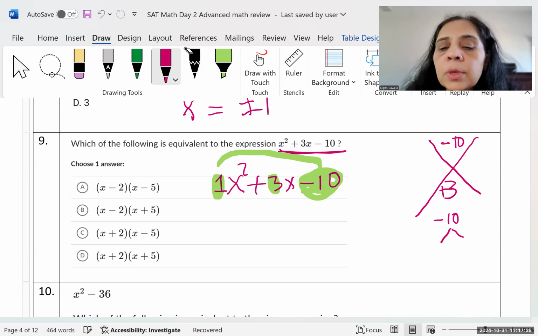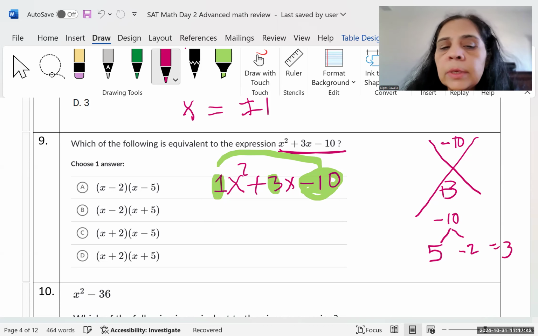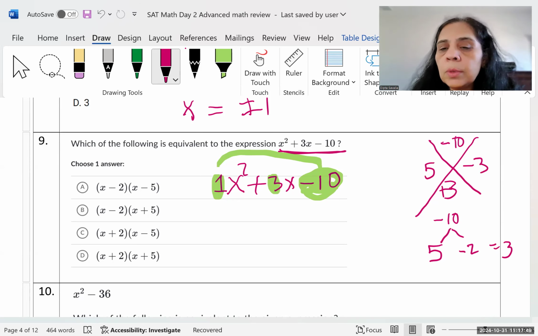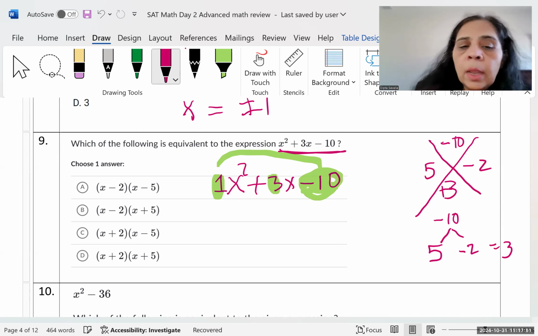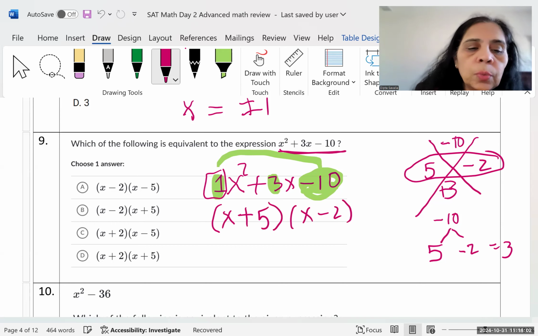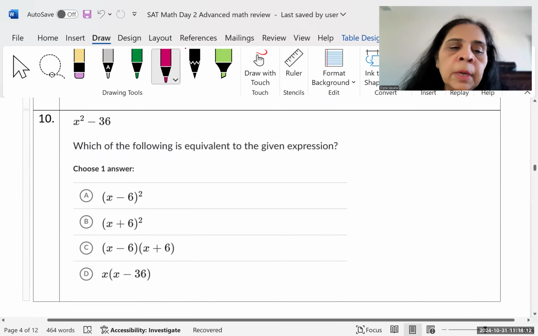So what we can do is just change the sign. Positive 5 times negative 2 is negative 10. And if you add them you get positive 3, so that will work. Whenever the x squared coefficient is 1, that will work directly. We can write two factors from here, x plus 5 and x minus 2. We can check. So x plus 5 we have here and x minus 2. So answer choice B.